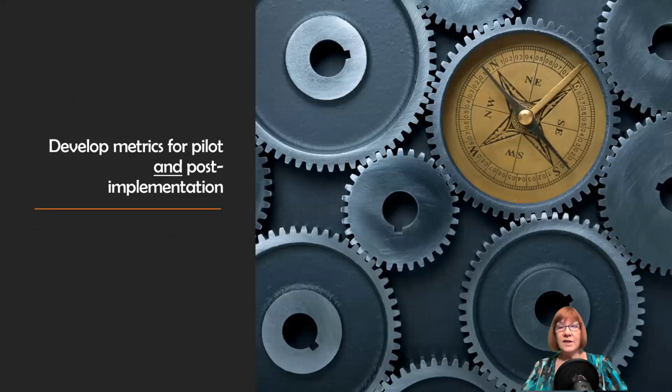Okay, so essentially that's what you need to do in the chapter. You need to have a pilot, and you need to explain to the stakeholder how they are going to measure the results after full implementation.